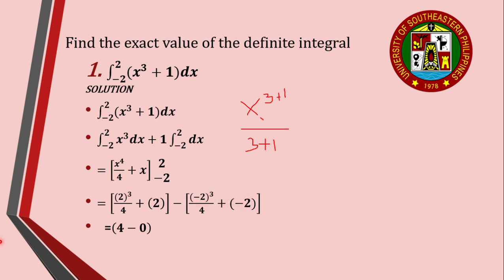So what we're going to have now here is 4 minus 0 is equal to 4. So the answer is 4. These results represent the exact value of the definite integral that we have here.